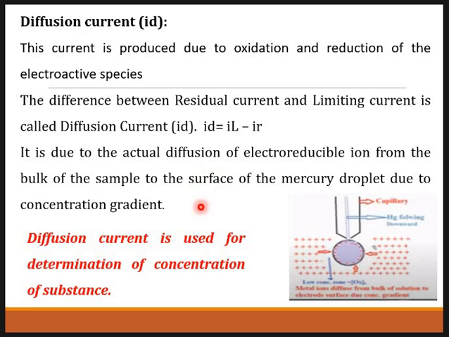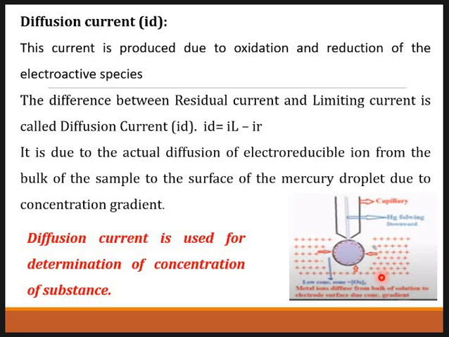In the bulk we have a larger number of ions and at the surface we have fewer ions, so automatically this produces a concentration gradient. The concentration gradient acts as a driving force and moves the molecules from the bulk to the surface of the mercury droplet. So the current produced from the diffusion of ions from bulk to the surface is called diffusion current.